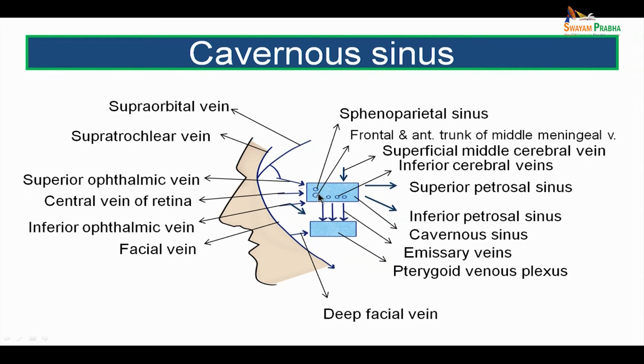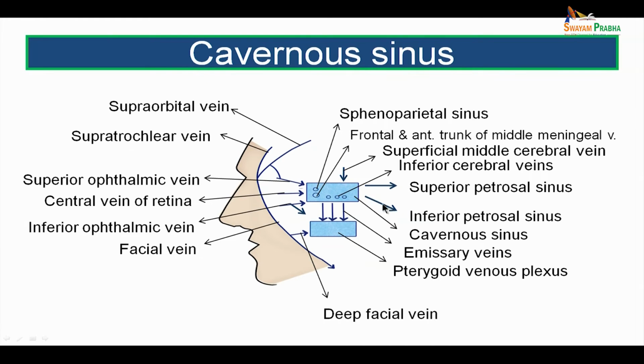Thus, we can see that the cavernous sinus receives blood from 3 areas: from the eyeball, from the brain tissue and from the meninges. This blood is then communicated posterolaterally by the superior petrosal sinus, which drains into the junction between the transverse sinus and the sigmoid sinus.